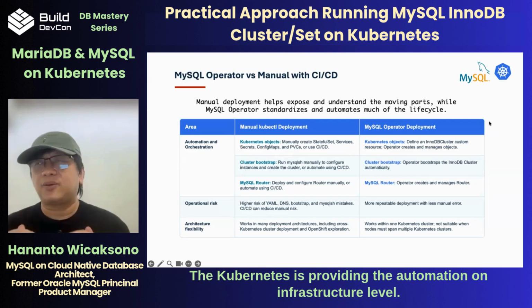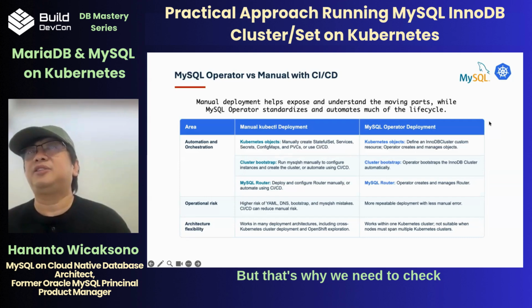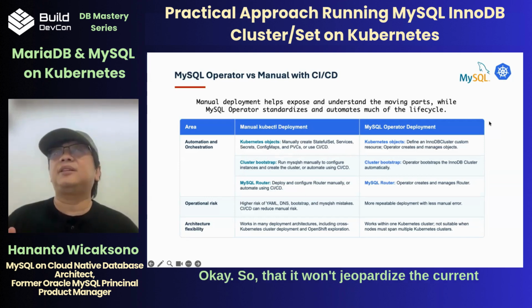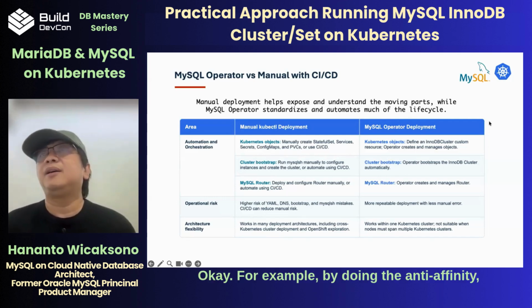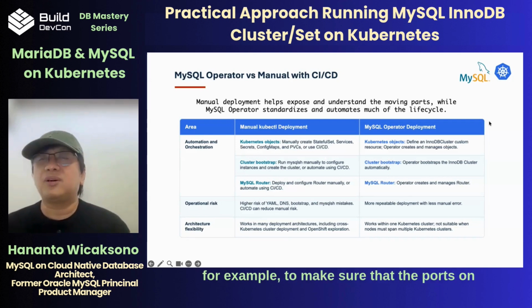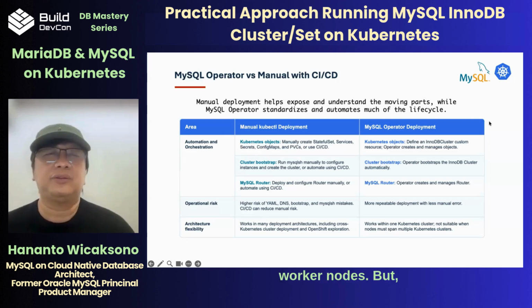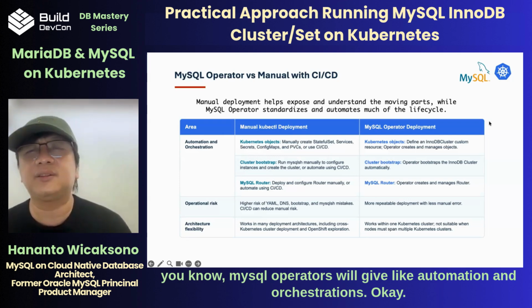Kubernetes is providing the automation on the infrastructure level, but that's why we need to check some of the Kubernetes configurations, so that it won't jeopardize the quorum process of the InnoDB clusters. Okay, for example, by doing anti-affinity, to make sure that the pods of the same InnoDB cluster will not run on the same Kubernetes worker node.